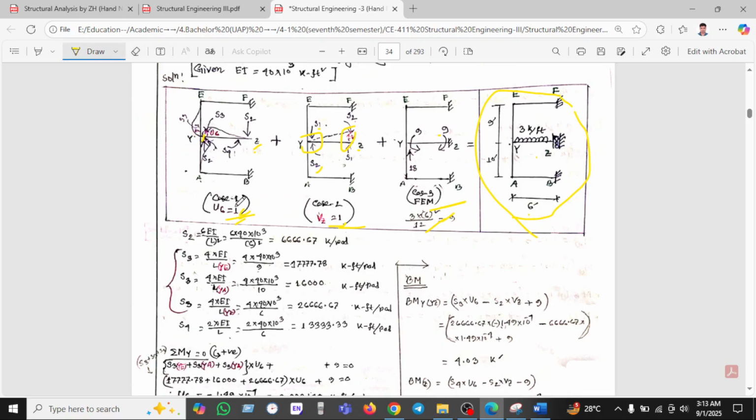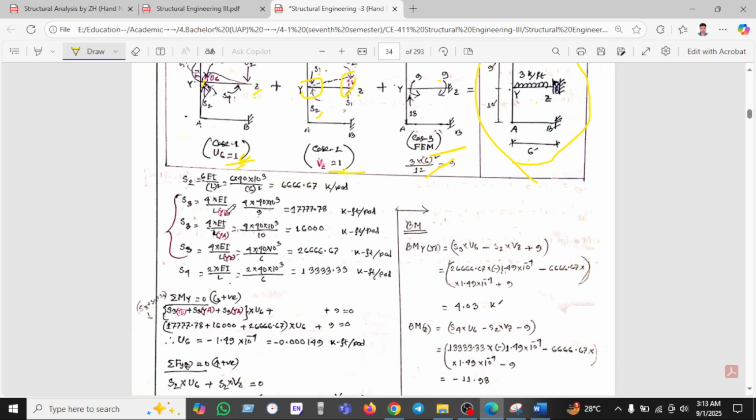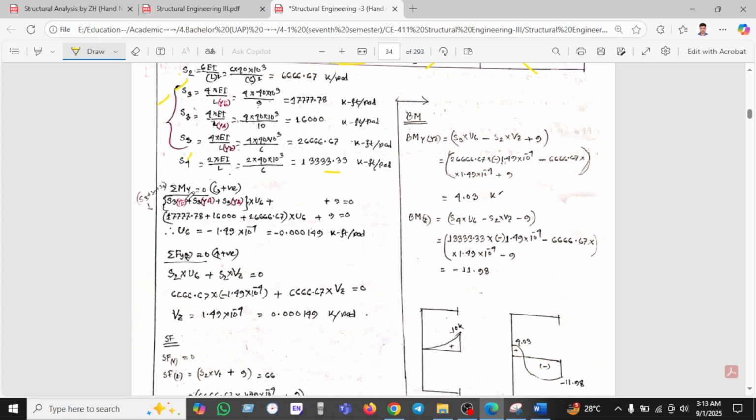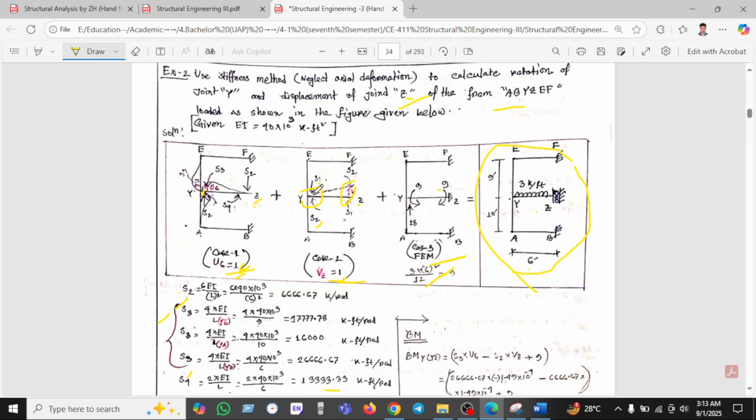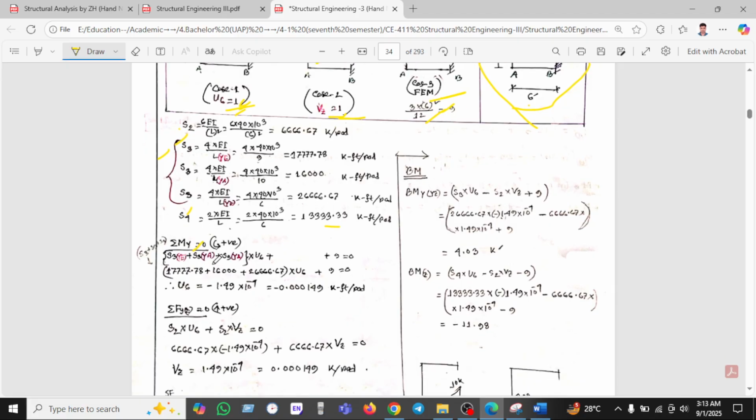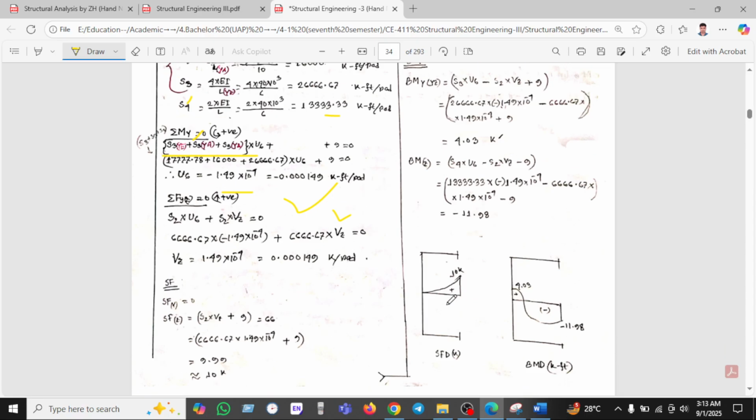Now we can see here, we are just putting all this S1, S2, S3, S4, all below and forming here below. Summation of moment MY. So we are taking the moment of Y this way. So putting this below and finding this diagram also.